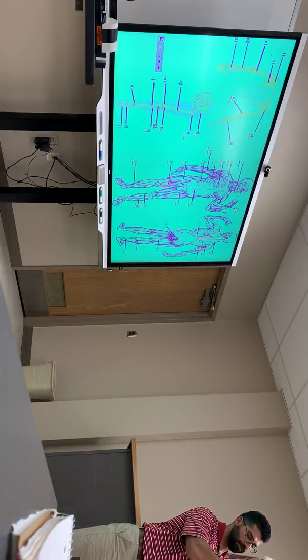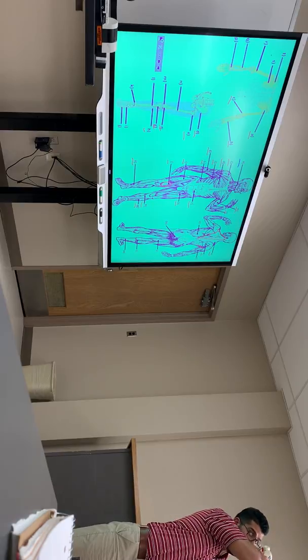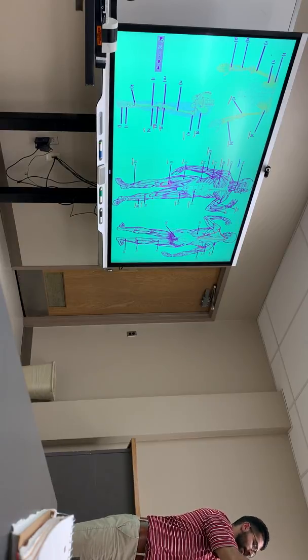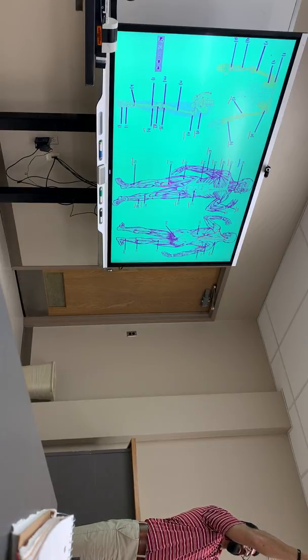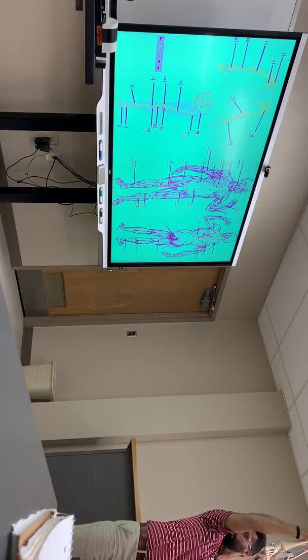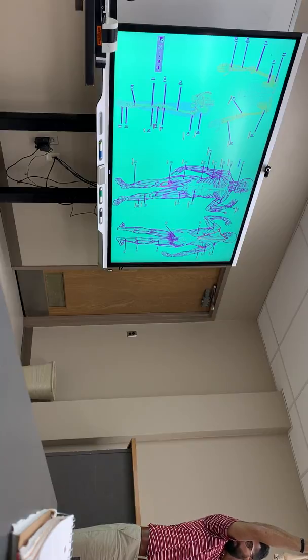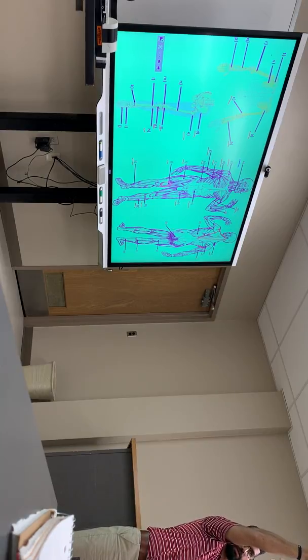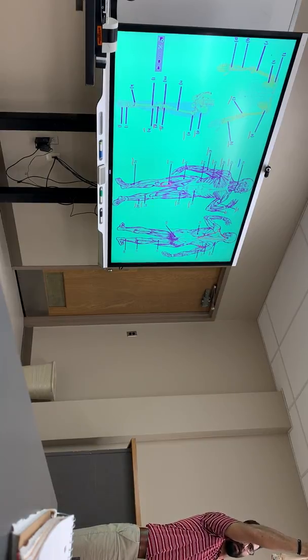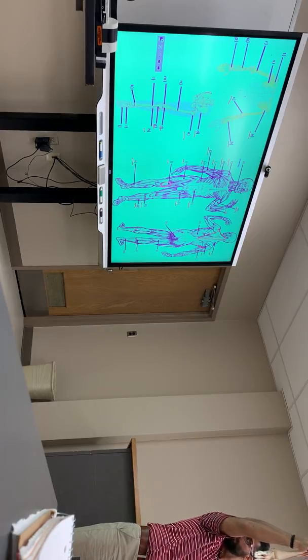Alright. We have tarsal bones, metatarsals, and phalanges. What is I and what is J? Metatarsals. Metatarsal, and J, phalanges. Phalanges.